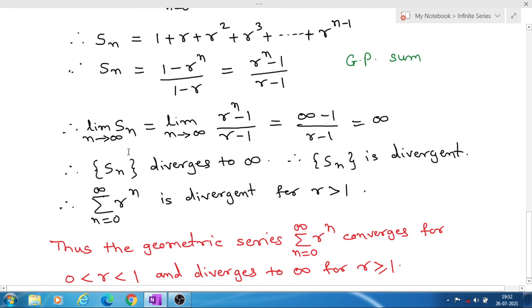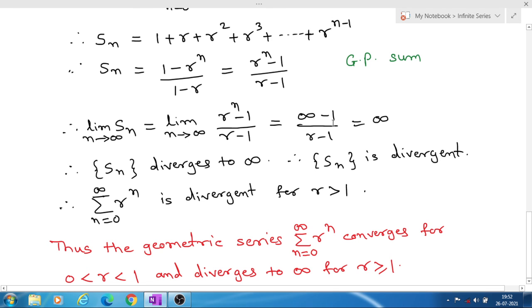Now if we take the limit of Sn as n tends to infinity, this is equal to the limit of r raised to n minus 1 upon r minus 1. Here we have to take the limit only for the term r raised to n. So the limit of r raised to n as n tends to infinity: since r is greater than 1, r raised to n tends to infinity.